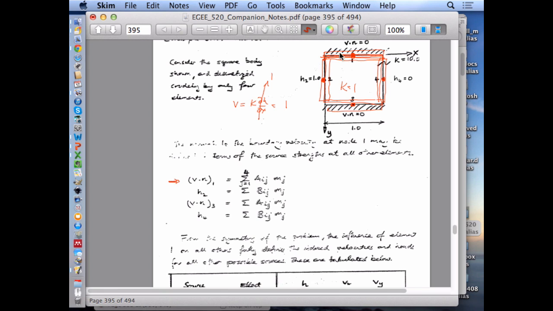It will give us the velocity induced at this point due to the source applied at this point, which will be the first one of these. So I guess this would be A11 times the strength at node element 1 plus A12 times the strength at node 2 plus A13 times the strength at 3, this one here, and then A14 times M4.